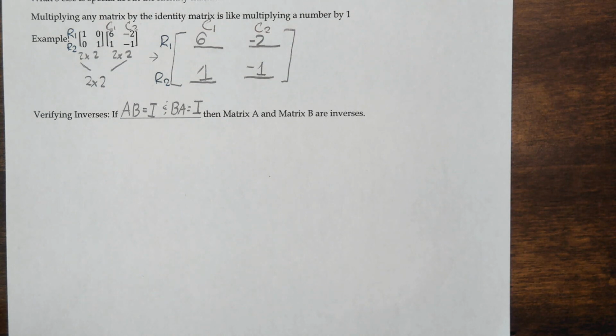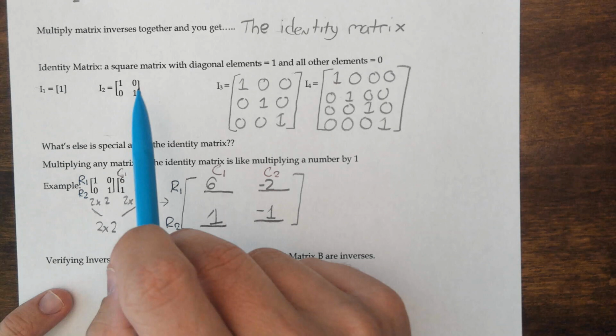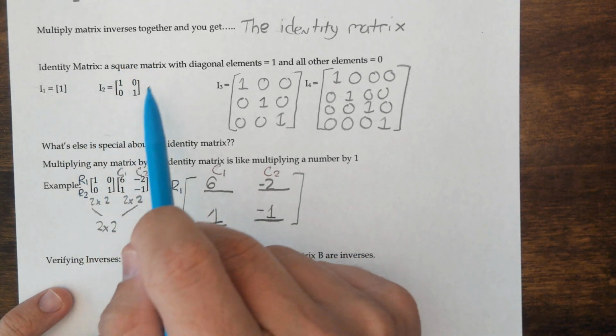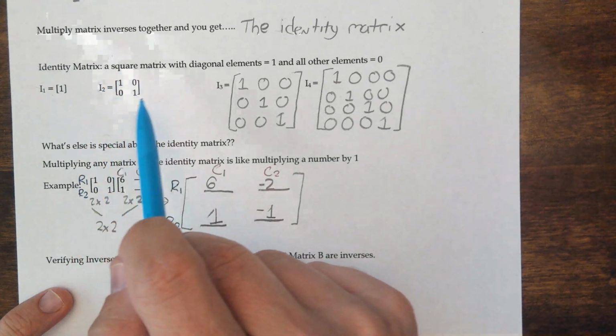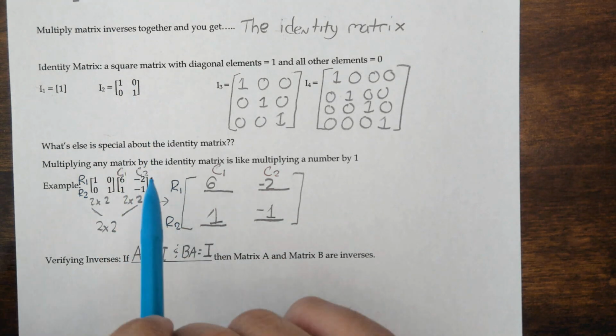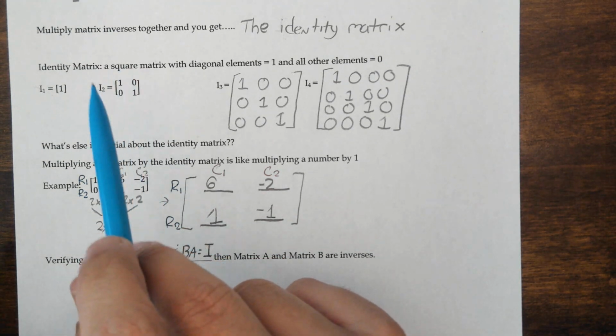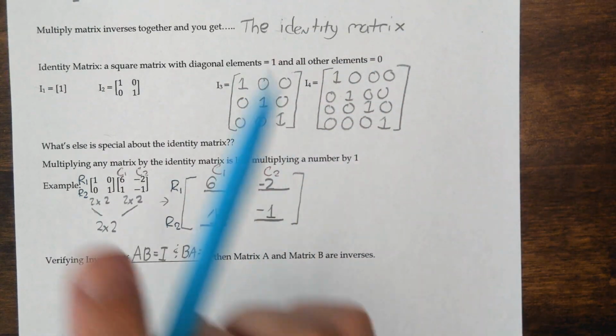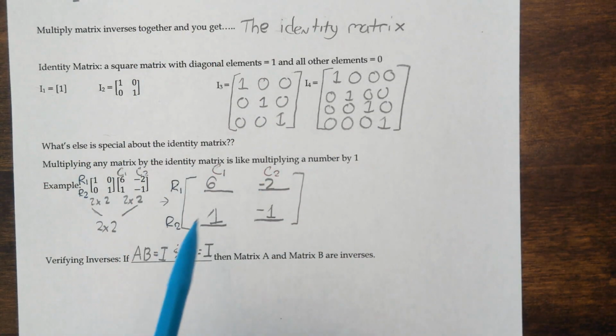You just need to understand on the homework tonight, you have to do A times B and then B times A. If you get the identity matrix, and since we're only working with 2 by 2 matrices on the homework tonight, this is what you should be looking for. If you get this after doing A times B and B times A, then they are inverses of each other. If one of them yields it, but the other doesn't, then they're not inverses of each other. If you're doing the first one and it doesn't yield this whatsoever, you're done. There's no way they're inverses of each other. Both A times B and B times A have to equal the identity matrix. Okay?